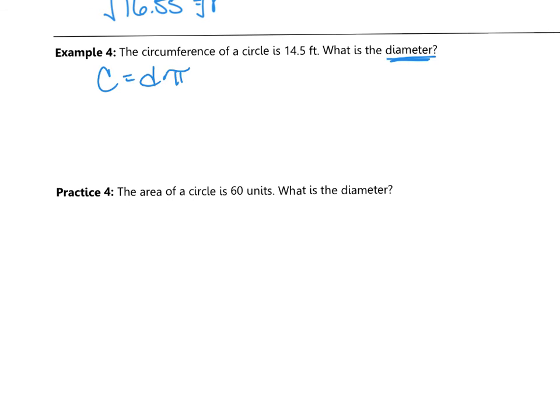So this time we're being given the circumference is 14.5. I'm going to plug that in for C and set that equal to diameter times pi. Remember, we're solving for D, so all we need to do here is divide by pi and get our final answer. So the diameter is equal to 4.62.